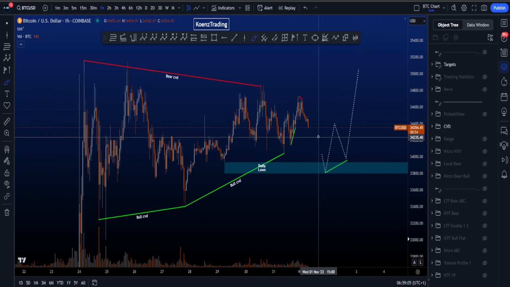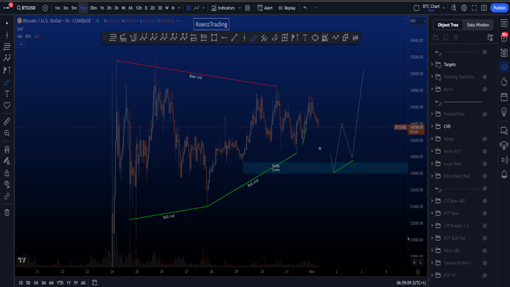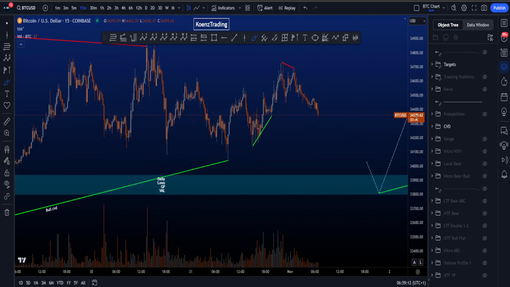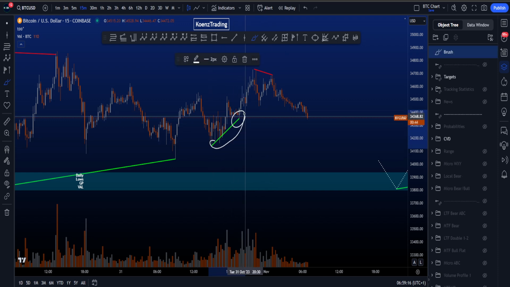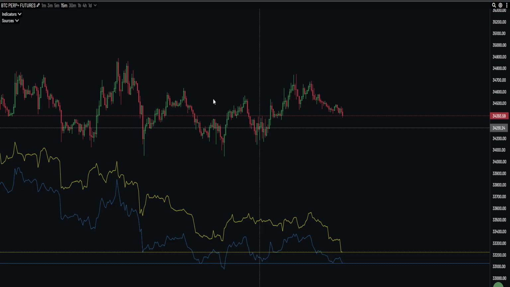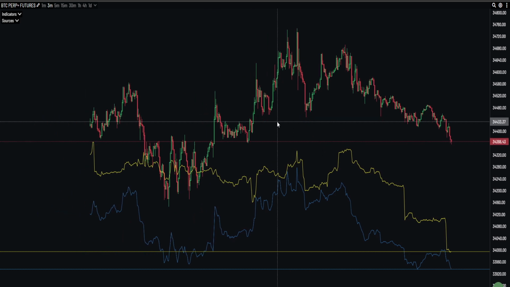Now, if you look at the CVD divergences, of course, we have all of this going on, the bigger one. But I like to look at the more local CVD divergences, which are also more relevant. We had big bullish CVD divergences over here for price pushing towards the upside. That's also funny, right after the video last night, that happened straight after the video.